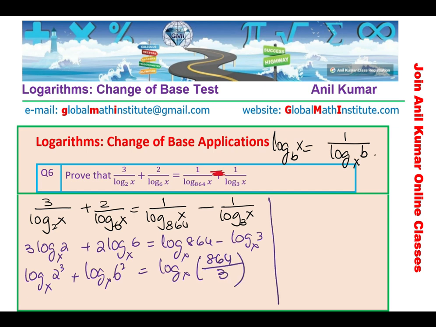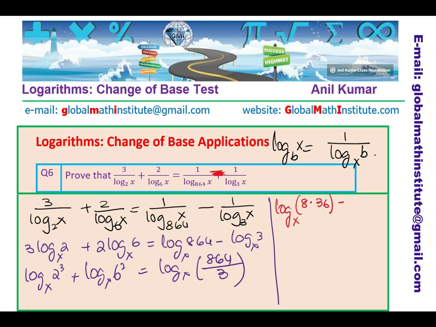Now on the left hand side, we can write the product, which is log to the base x of 8 times 36, equals log to the base x of 864 divided by 3.